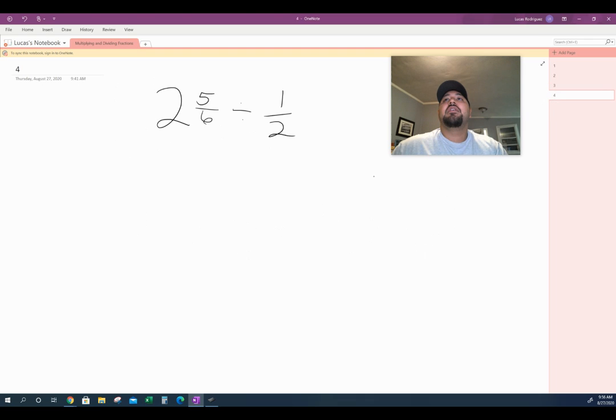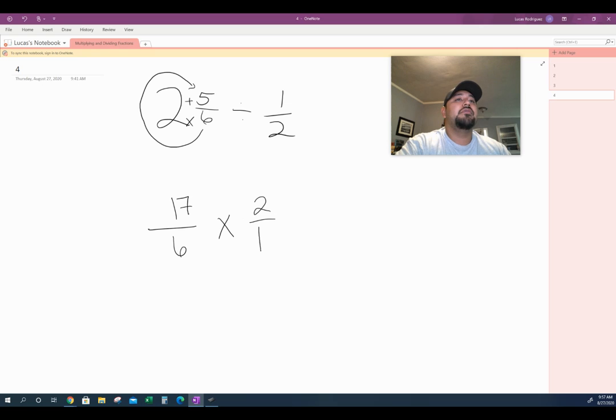Now, number 4. I would still do the same thing with this mixed number. CU over TX. So let me go ahead and do that. 6 times 2 is 12 plus 5 is 17. And then for dividing a fraction, I really need to multiply times its reciprocal, and then I can multiply across.